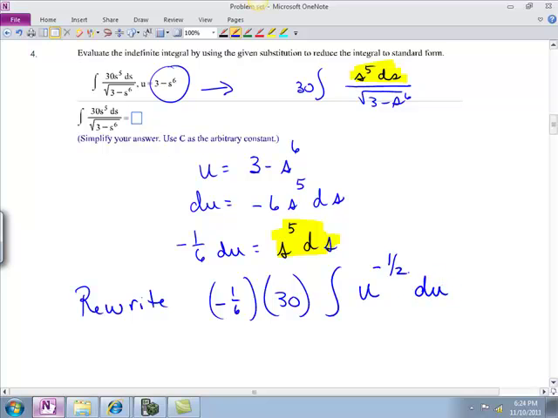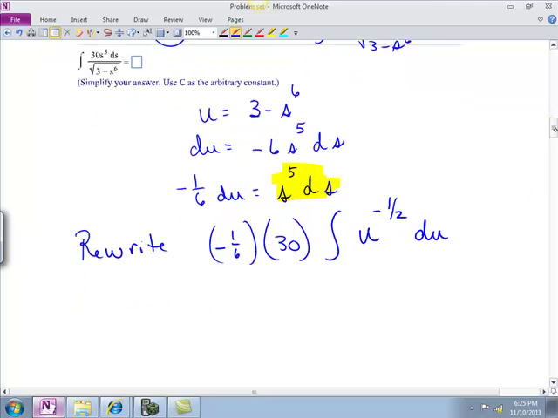Does everybody see that? Because this is u to the 1/2, but it is on the bottom of a fraction, so we make it -1/2. That's easier to deal with. What is the integral of u to the -1/2? U to the 1/2 over 1/2. So this is going to be -5 u to the 1/2 over 1/2 plus c.